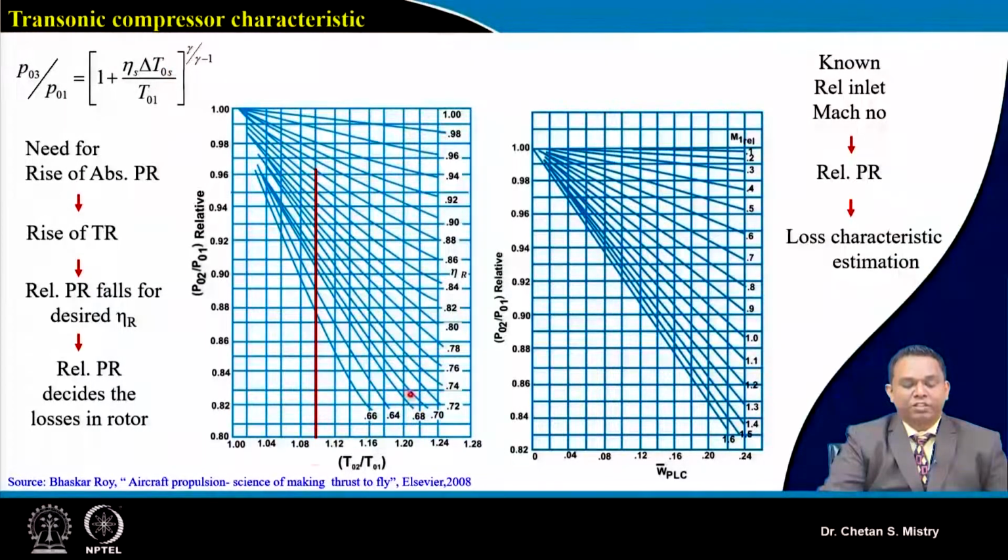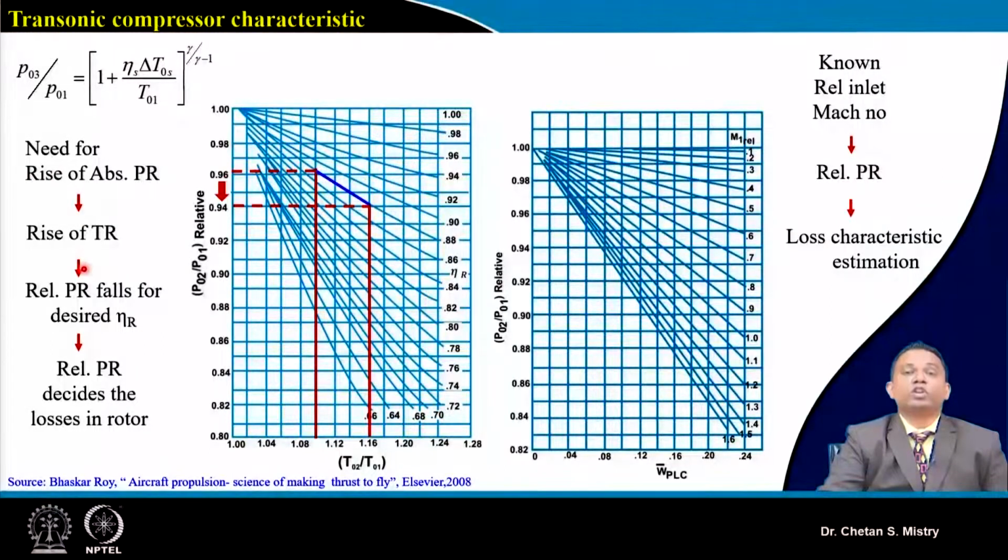If we go with the same efficiency, suppose I am expecting my efficiency to be 88%, then under that condition, my relative pressure ratio is going to be reduced.